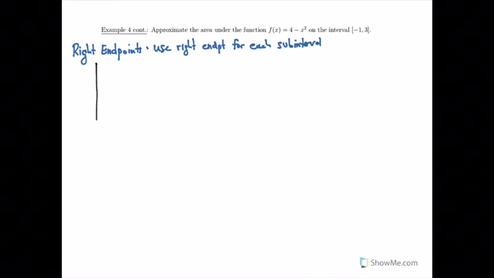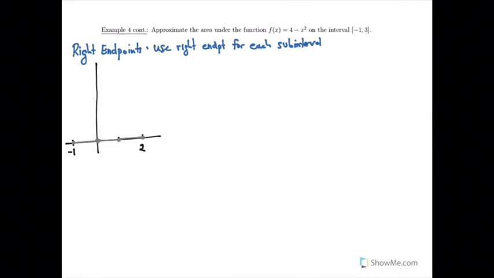Let's draw a picture of that. So from -1 to 2, we have 3 different intervals to consider. We have from -1 to 0, 0 to 1, 1 to 2.